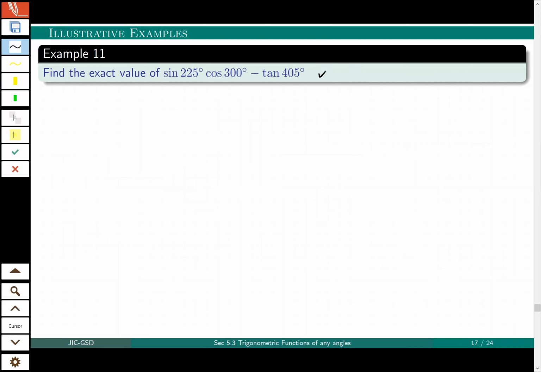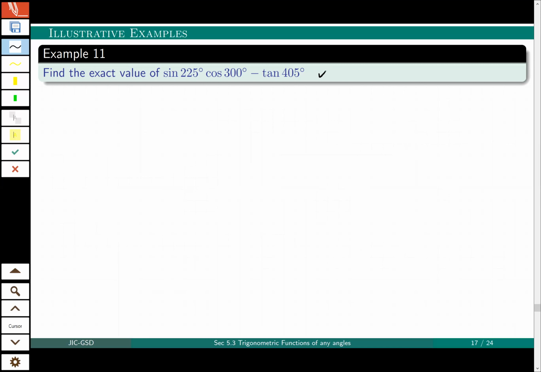And then we use STC to decide positive or negative. I have 3 angles, 225, 300, and 405. 225 is between 0 and 360, so I need to find the reference. 300, again, it's between 270 and 360, so I need to find the reference. 405 is more than 360, so I need to use coterminal angle.